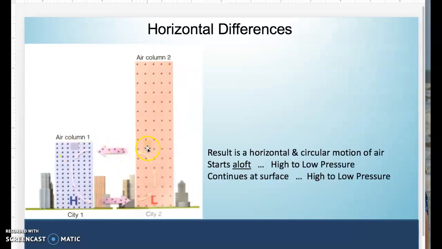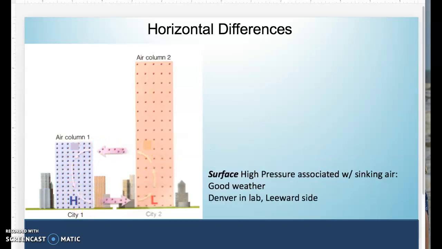Now you've started something that started aloft from high pressure to low pressure, and then continued to surface from high pressure to low pressure. You're pushing these molecules back into this column. The pressure gets higher aloft, and it keeps this circle going. Please understand this circle. If you want to stop here and take a look and think about it, that would be great, because you need to understand that it's a fundamental way that our atmosphere works.